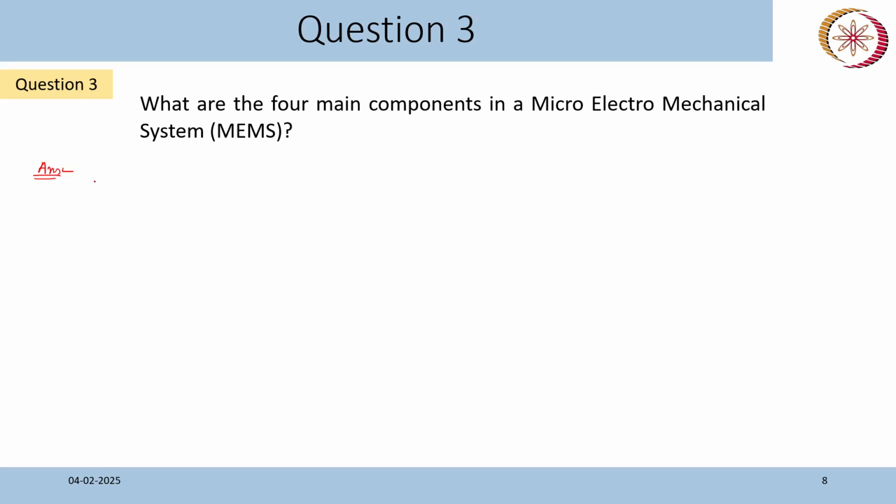So the four main components are: first one is microelectronics, which can be the microprocessors or the ICs used.